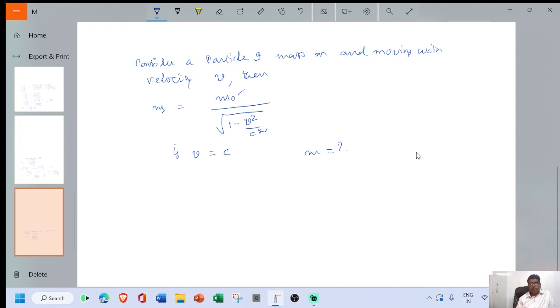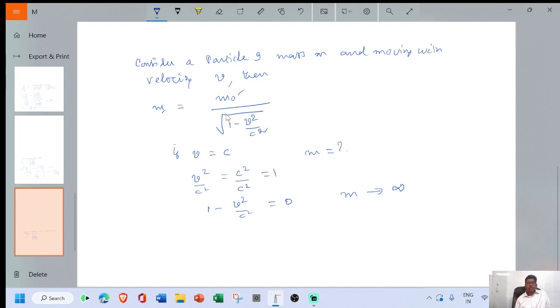If v equal to c, put here v square by c square, that is equal to c square by c square equal to 1. So anything by 0, infinity. So this quantity is 0. 1 minus v square by c square is equal to 0. So m approaches infinity.